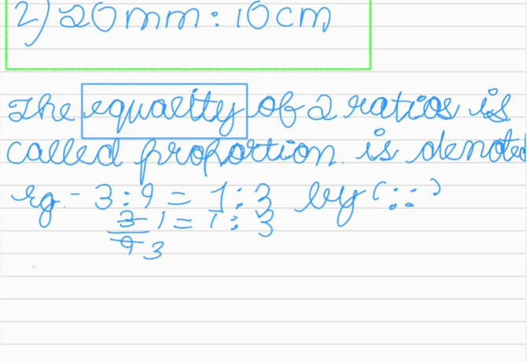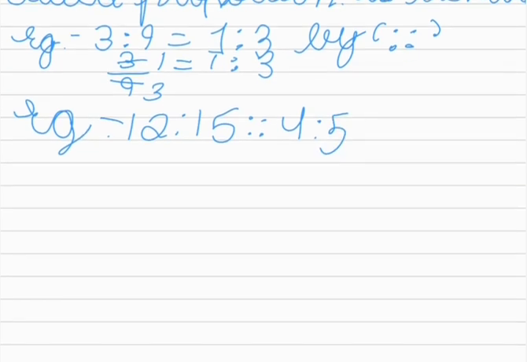And I am giving you one more example, the examples are 12:15 proportion 4:5. Check if these both ratios are equal or not.